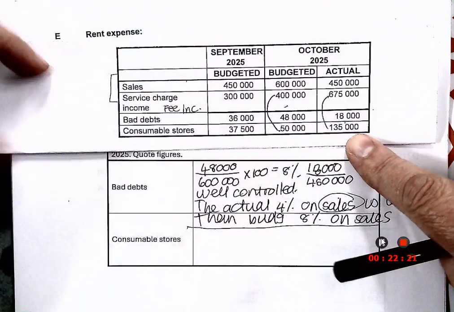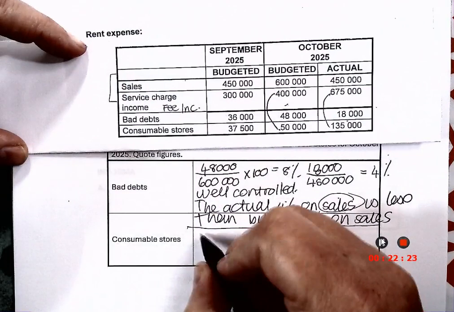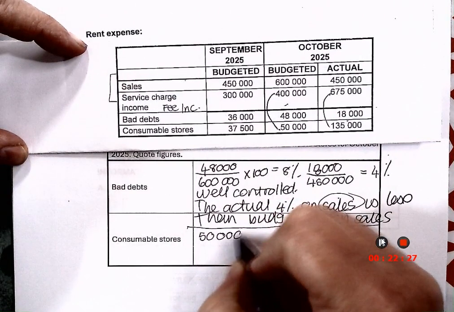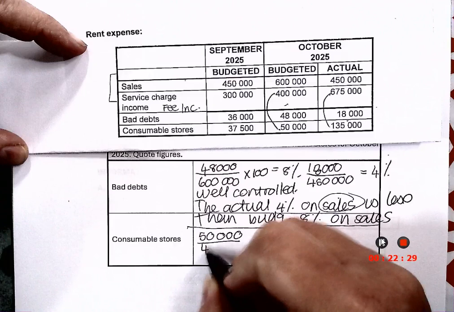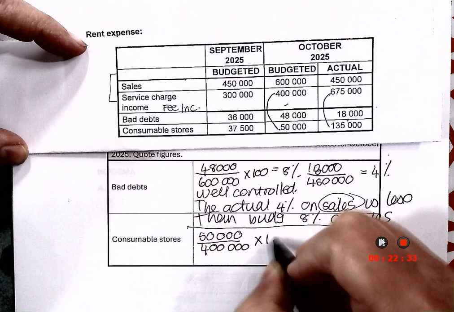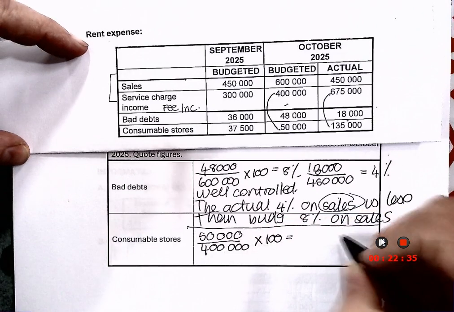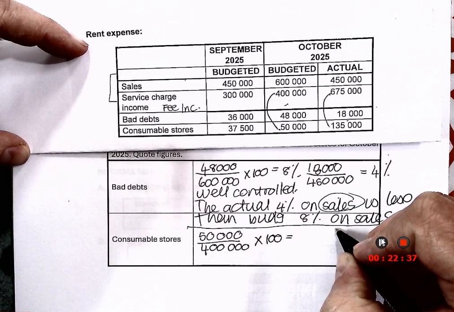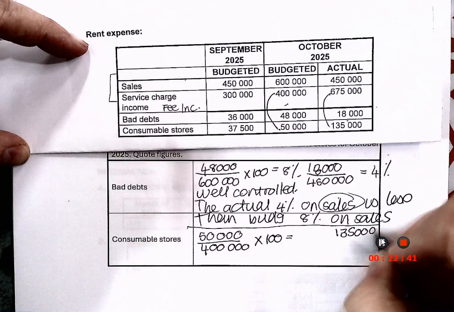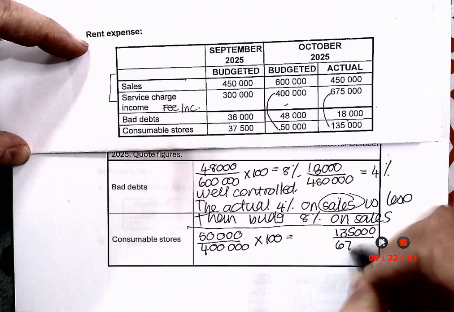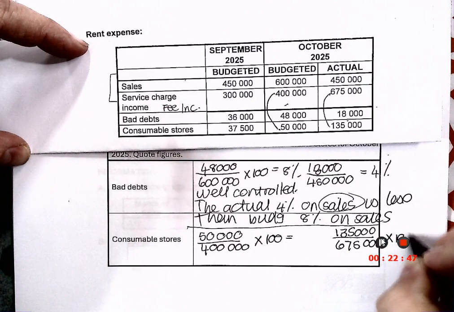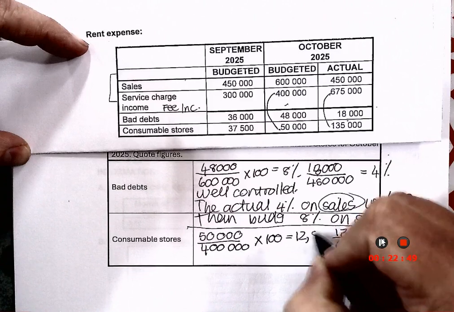So if I look at consumables, I'm going to take the 50,000, put it on the fee income of 400 and get a percentage. And I'll do the same with the actual, 135 over 675. And what do you get? 12.5 and 20%.